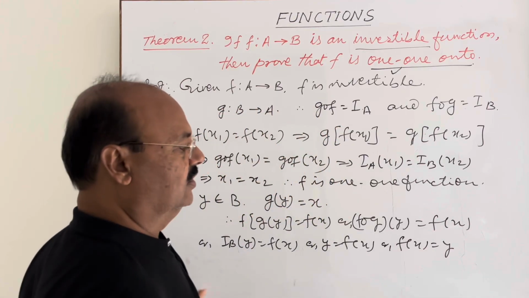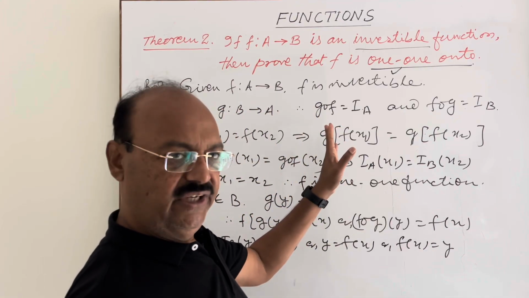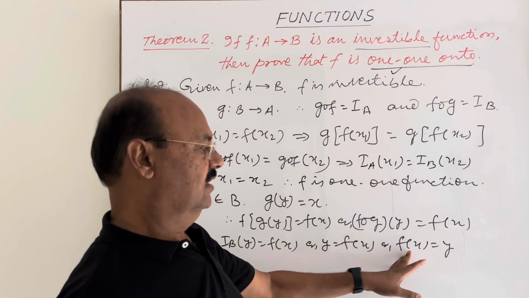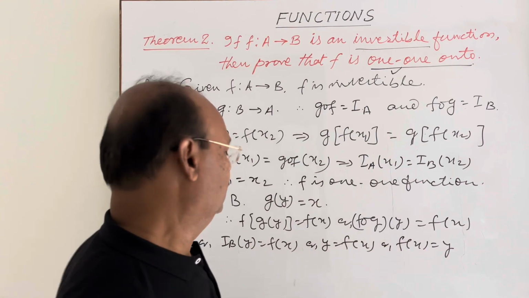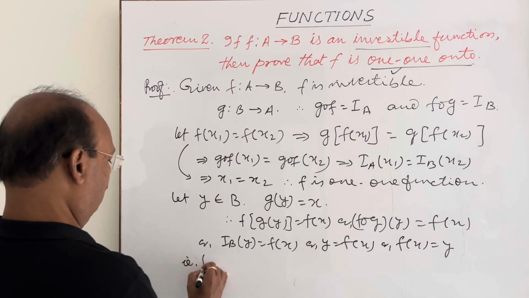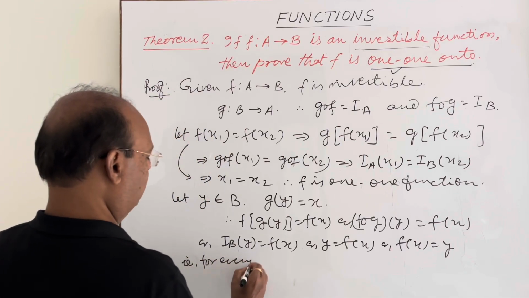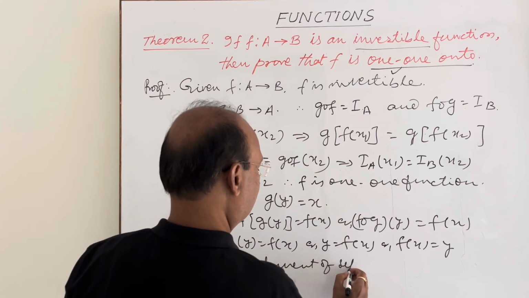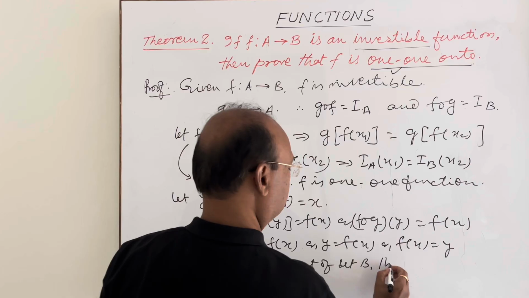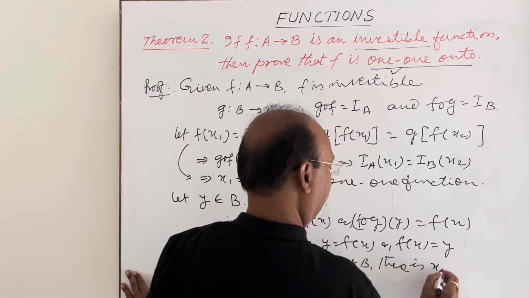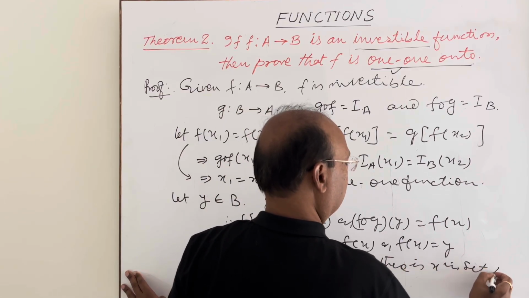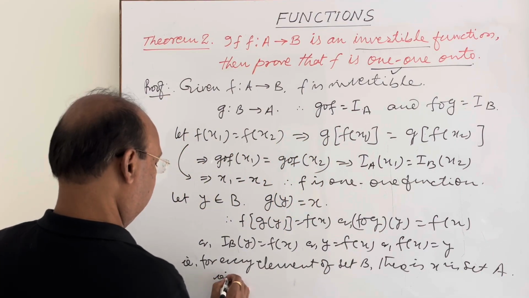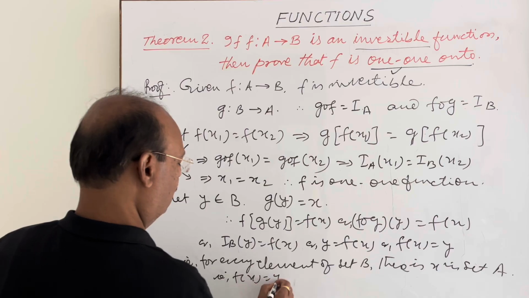It means for every element in B, we are getting a pre-image x in set A such that f(x) is equal to y. That is, for every element of set B, there is x in set A such that f(x) is equal to y.